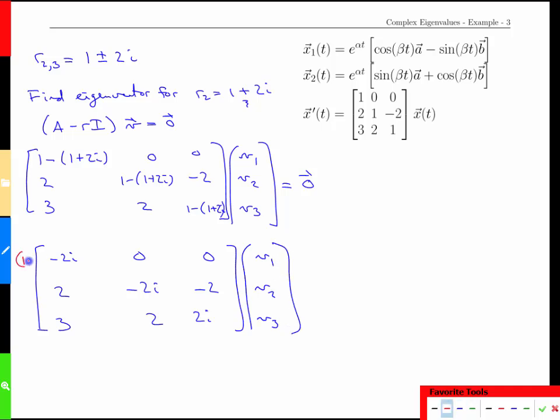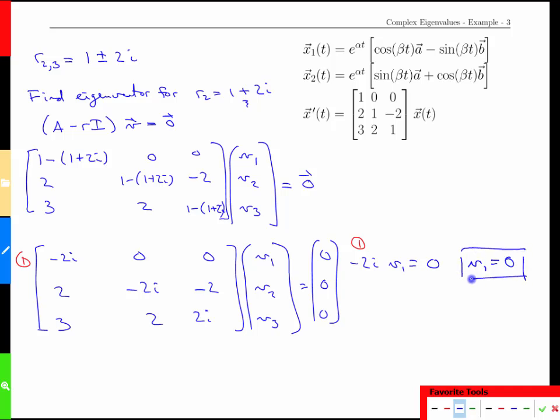This first equation tells us that negative 2i times v1 has to equal 0. So we actually get a freebie here, v1 has to be 0. With that being the case, we can focus in on the remaining equations, and either 2 or 3 is fine. They're both going to give us the same answer in the end, even though it might not look like it at first glance with complex numbers.